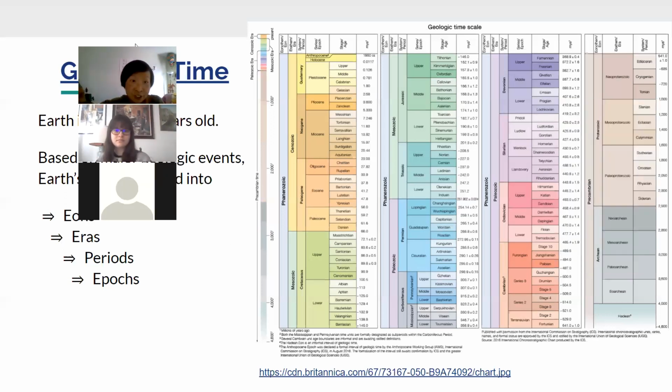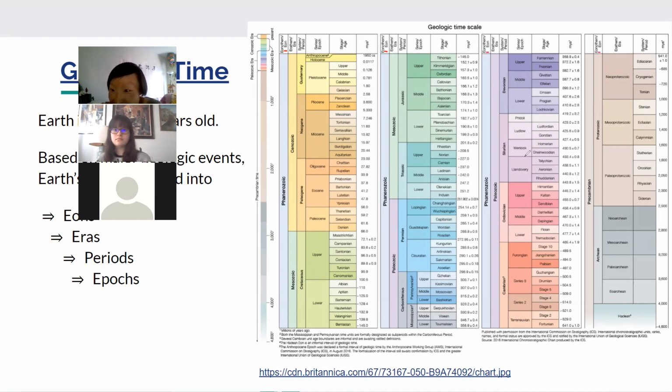All right, so how do you divide? Well, based on the geologic events, okay? For example, our eons. So you can see this is the eon, right? Let me annotate, change the color, okay? The very first one is eon. This basically is too long. We break it into 4 parts, but it's continuous.